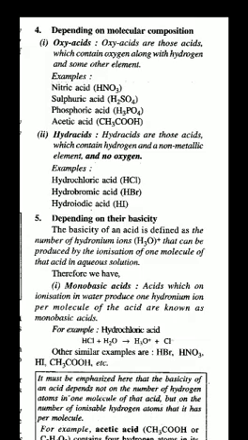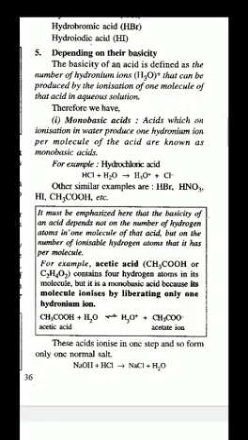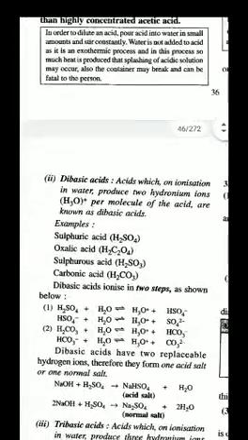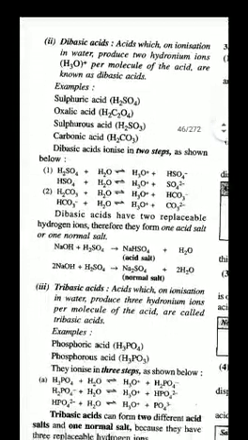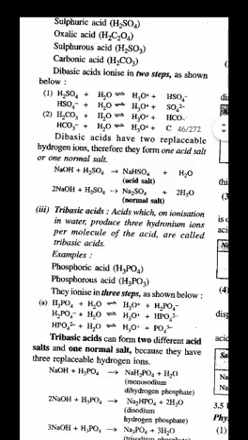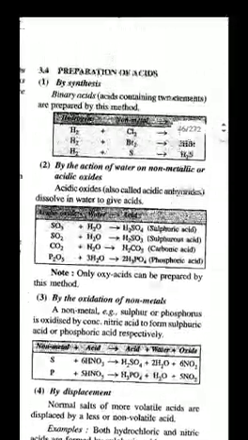If they donate one hydrogen and form one hydronium ion, it is monobasic. 2 is dibasic, 3 is tribasic. So children, based on that we have mono, di and tribasic acids. Here we have examples: sulfuric acid H2SO4 with 2 hydrogens, phosphoric acid H3PO4 tribasic, so they donate 3 hydrogen ions.